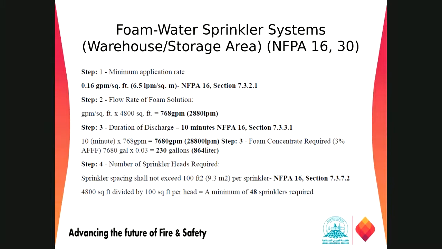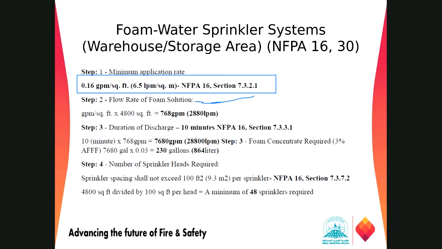The first step, we have the minimum application rate. As per NFPA 16 section 7.3.2.1, it is 0.16 GPM per square foot, right? And the flow rate of the foam solution will be the area in square feet multiplied by the density, which is 0.16.